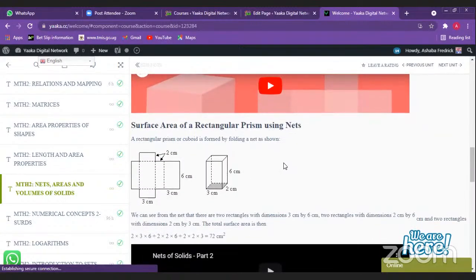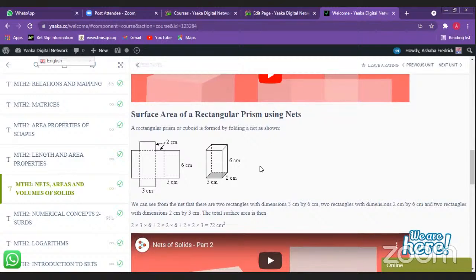Then we can now go to the surface area of a rectangular prism using the nets.